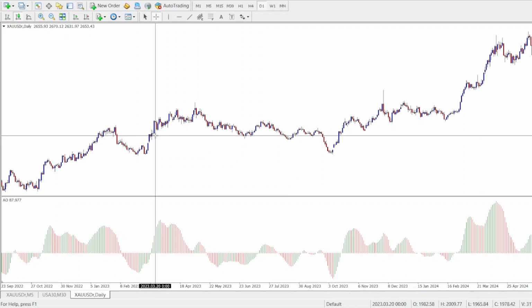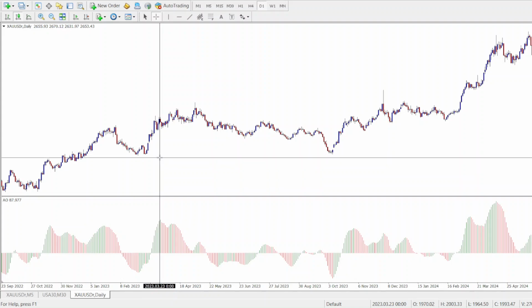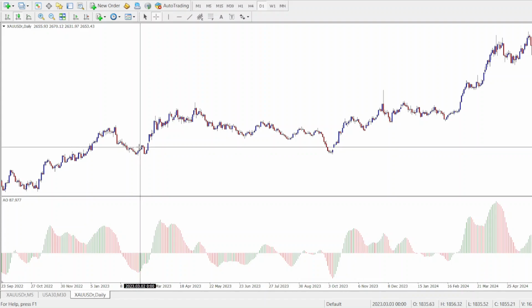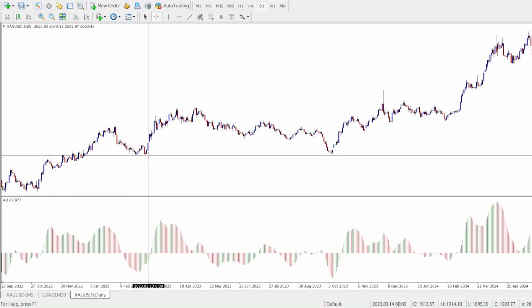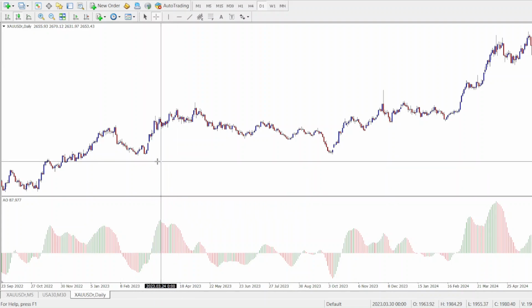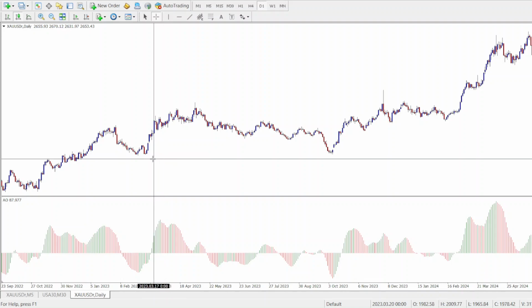And then our stop loss, we could have possibly set our stop loss below the swing low. Setting the stop loss below the swing low would have meant setting our stop loss somewhere around here.